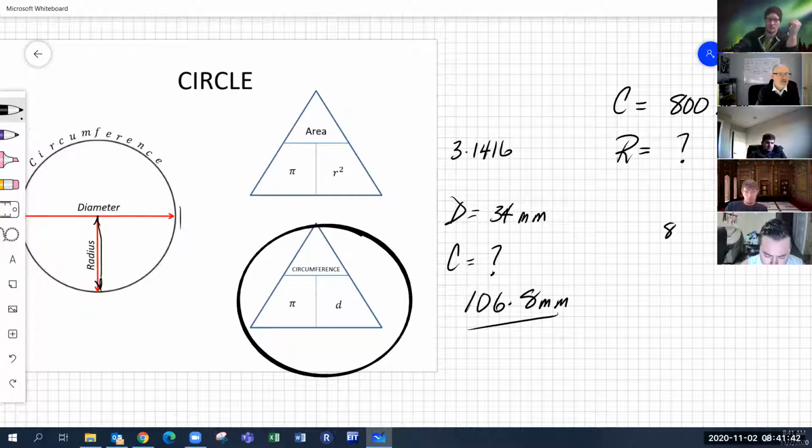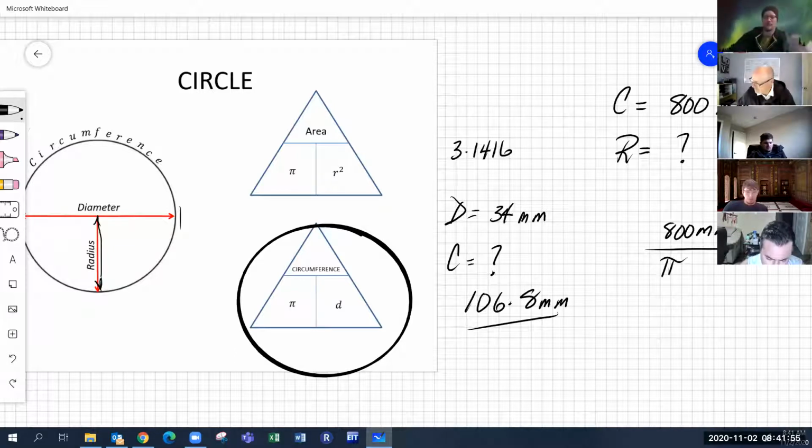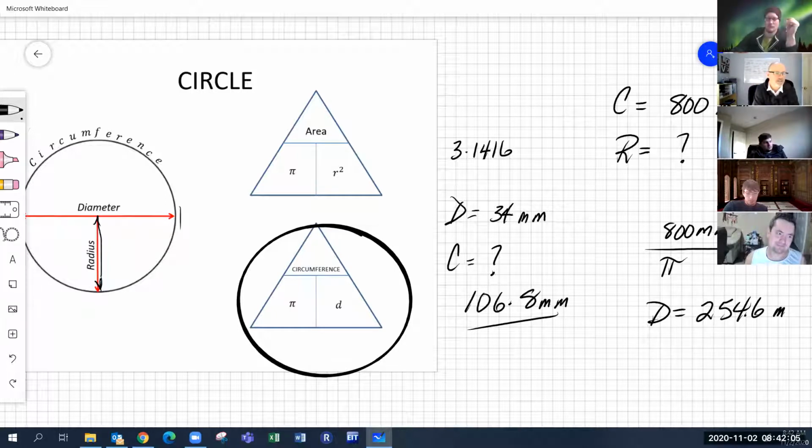I'll take my circumference, 800 mils, and divide it by pi. That should equal my diameter. And so the diameter is equal to 254.6 millimeters. Is that the answer I was looking for?